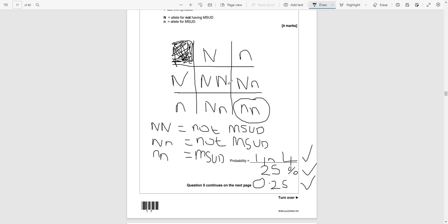So we do need to take care that we read all the information that's being given to us and we set it out clearly. By just jumping to an answer and not following this, where we draw the diagram, show our results in a key like this, and then come to our final answer, we are not going to get all of the marks available, even if you know how to do it. You've got to demonstrate that you know how to do it.